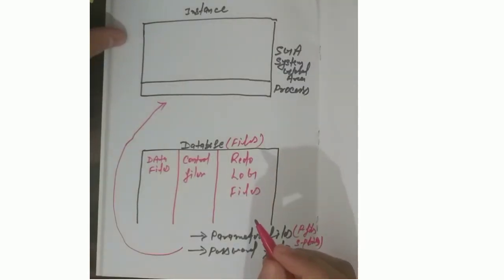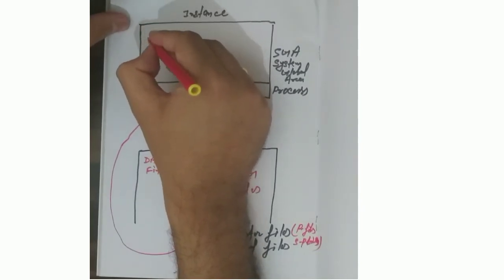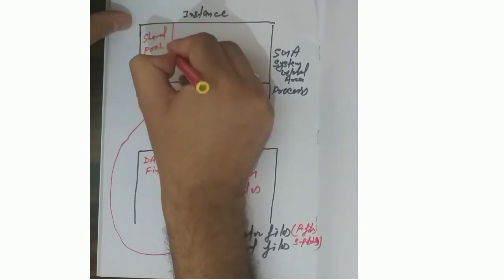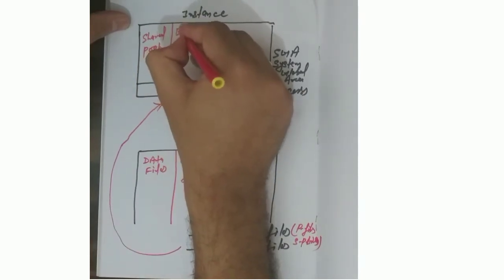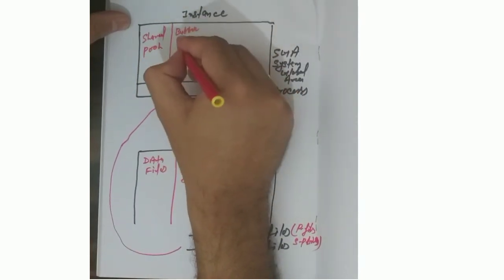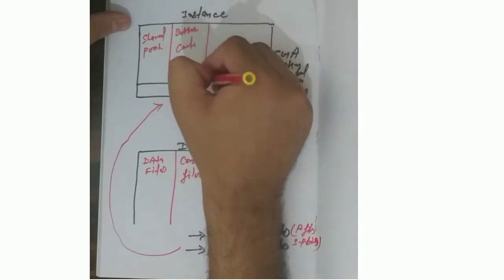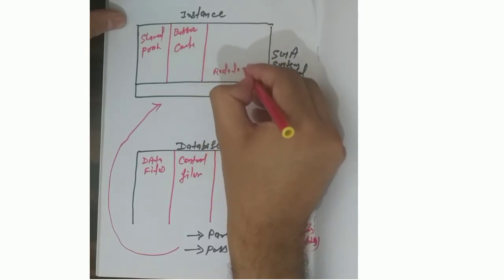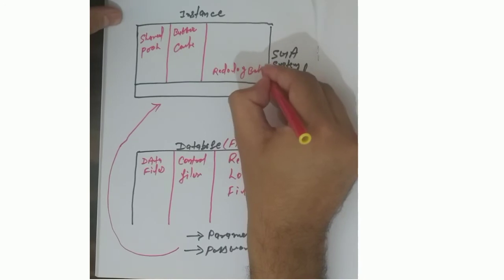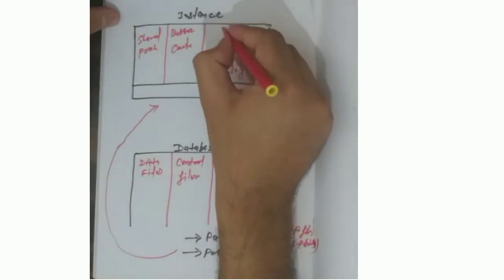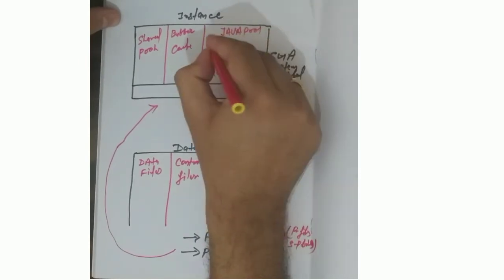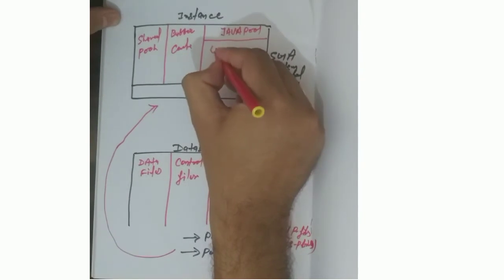So now we'll start with the Oracle instance. In the Oracle instance we have the shared pool, buffer cache, redo log buffer, Java pool, and large pool.